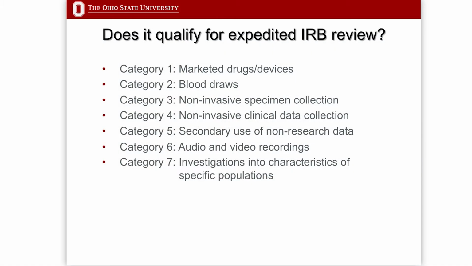Okay, then we can say, does it qualify for expedited? And you will see the categories there. The most common category for social behavioral is category 7. It's kind of a catch-all, really. But again, the research has to fit into one of these categories.